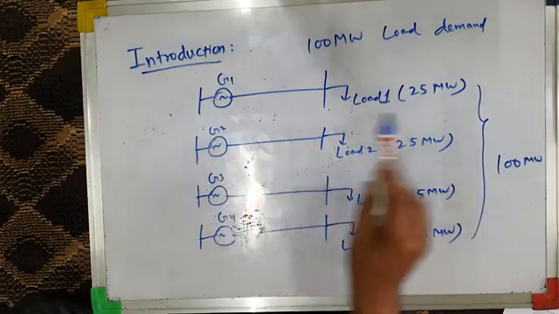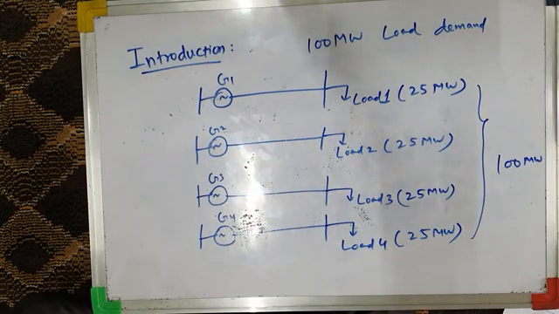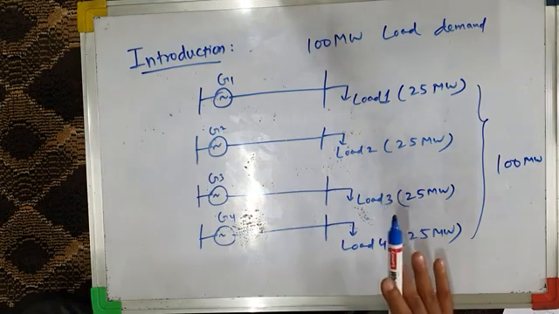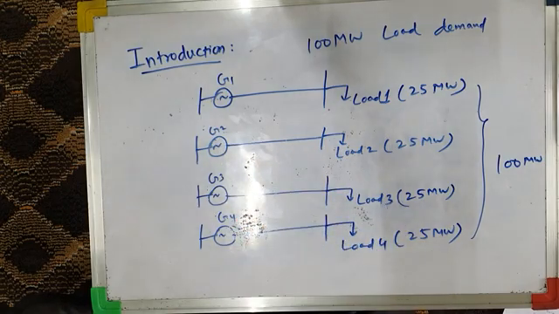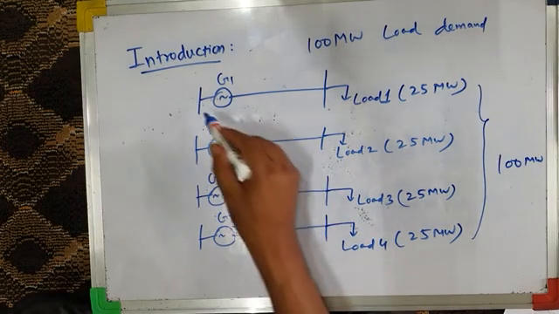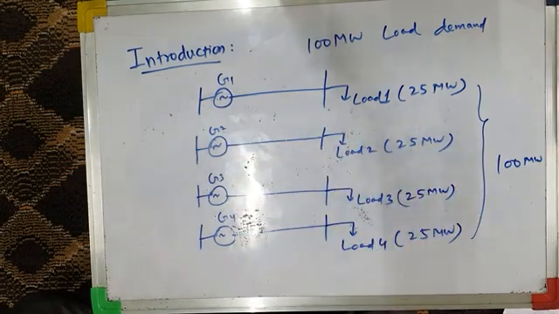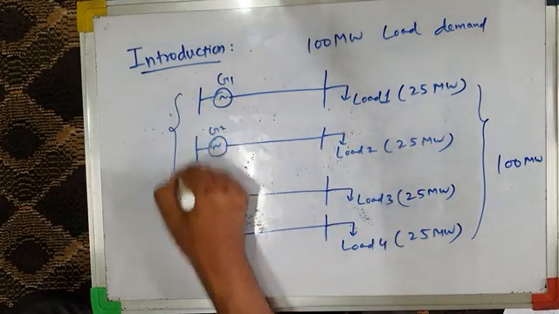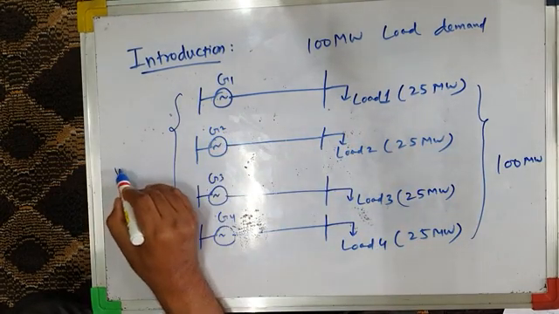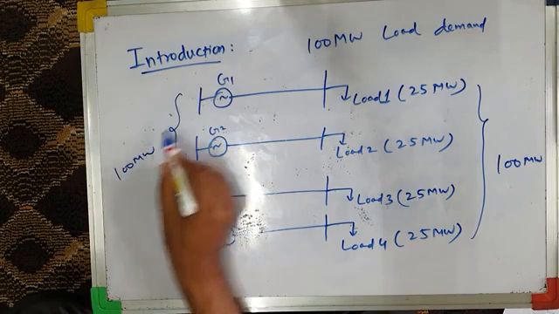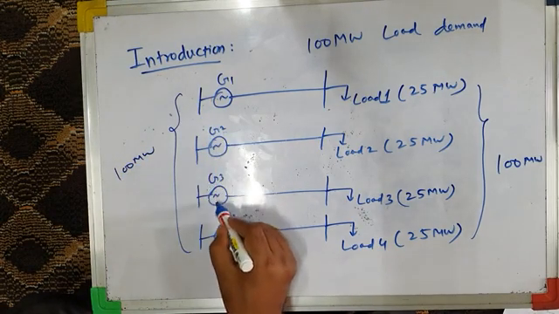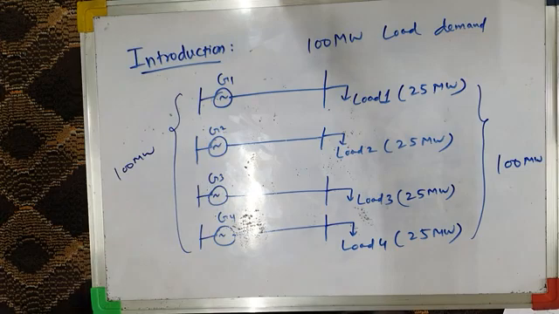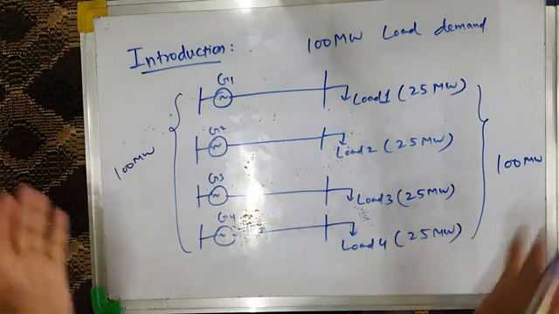So for supplying these 100 megawatt isolated loads, we have isolated power generating stations, each generating 25 megawatts. Therefore total generation capacity is also 100 megawatts: 25 plus 25 plus 25 plus 25. So these are isolated power systems.